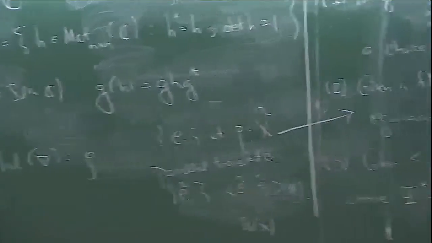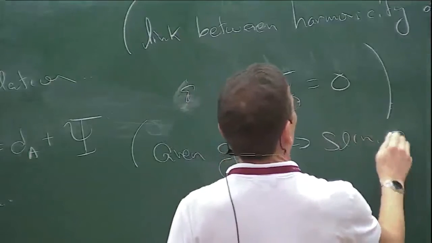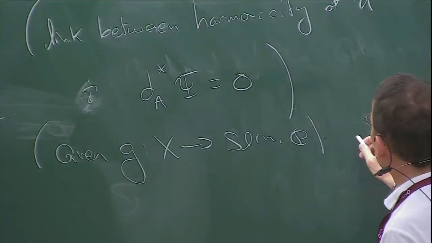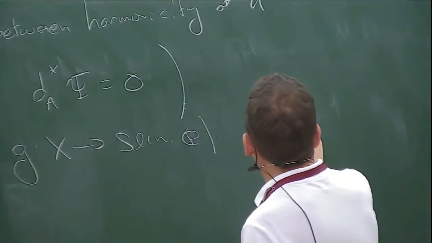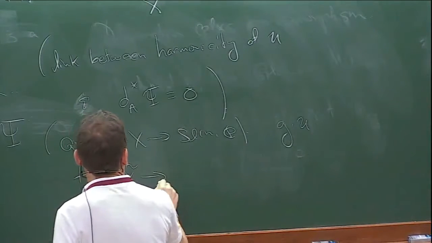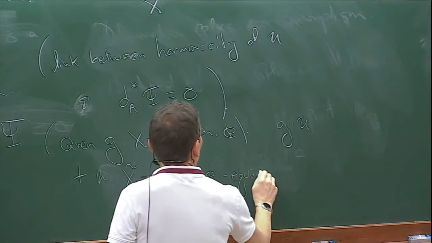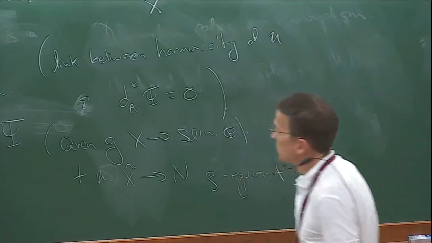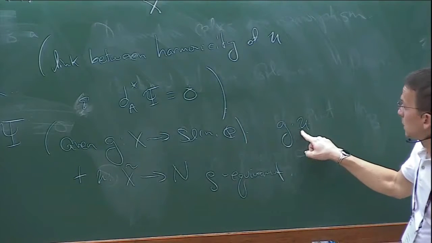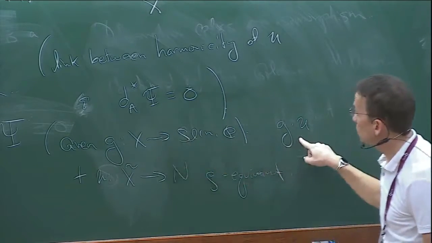Given a map G from X into SL(n,C) and an equivariant map into N, let's say rho equivariant, I can simply pointwise multiply this map by G. So I lift this map up to X tilde and pointwise multiply.